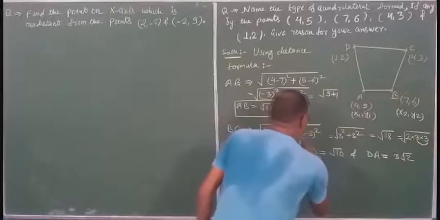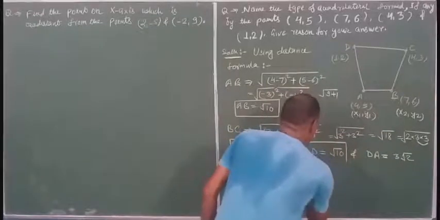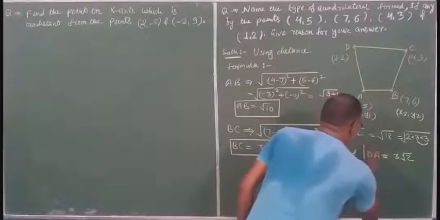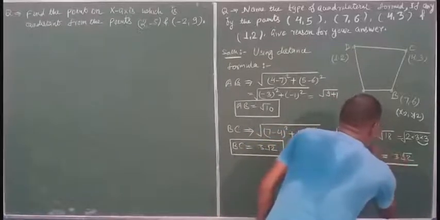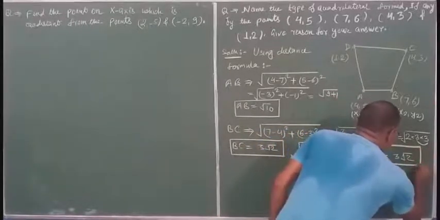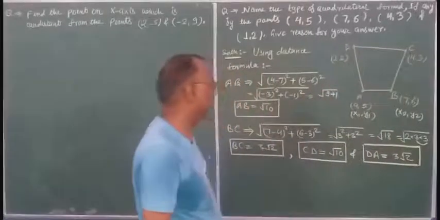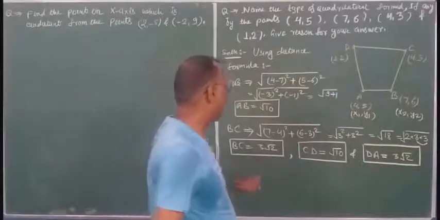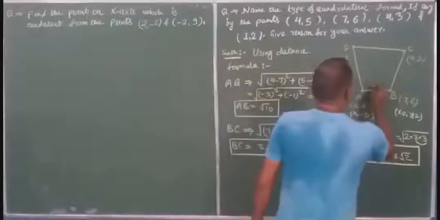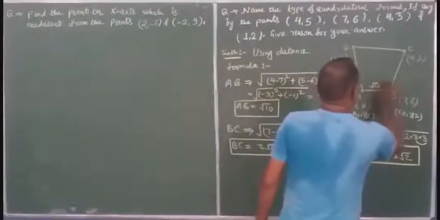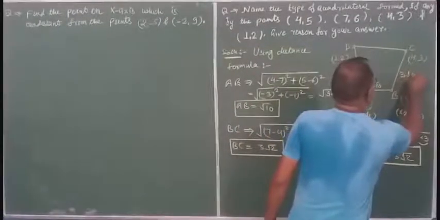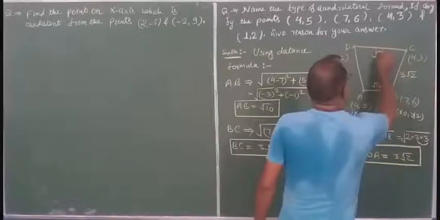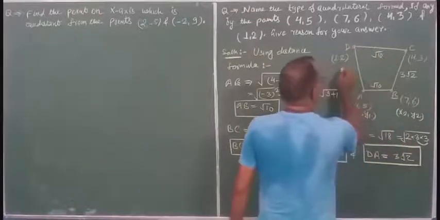So these are the 4 sides. Just look here. What is the length of AB? Under root 10. This is 3 under root 2. Again this is under root 10 and this is 3 under root 2.